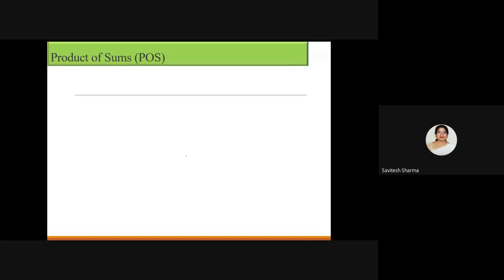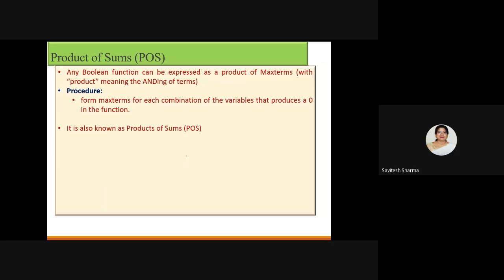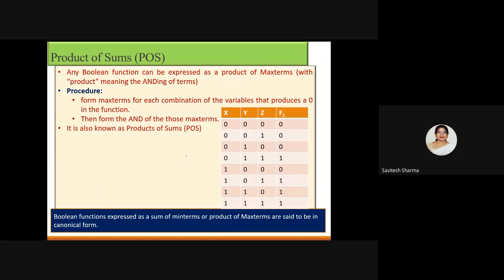If you understand, do another problem. I am showing you the truth table again for F2. Now you tell me the expression for F2. Everyone, tell me, reply.